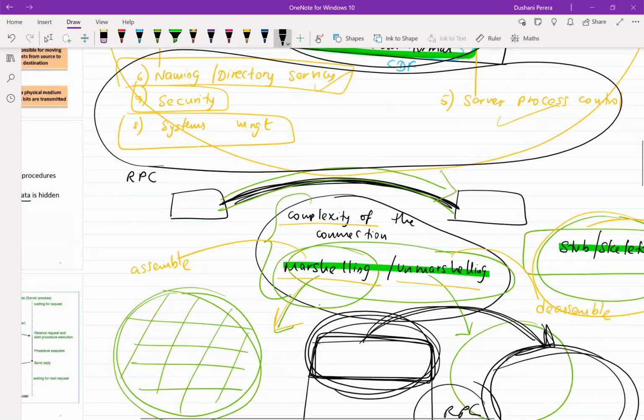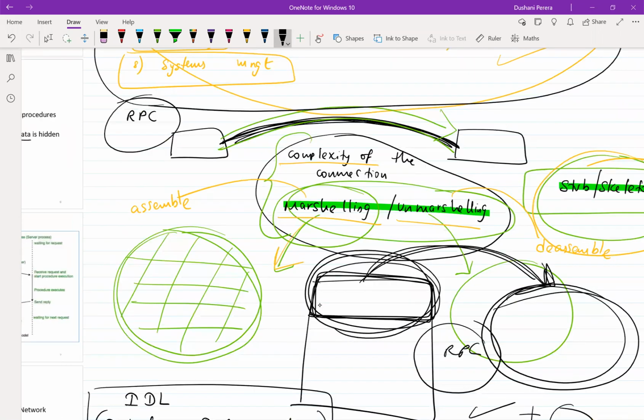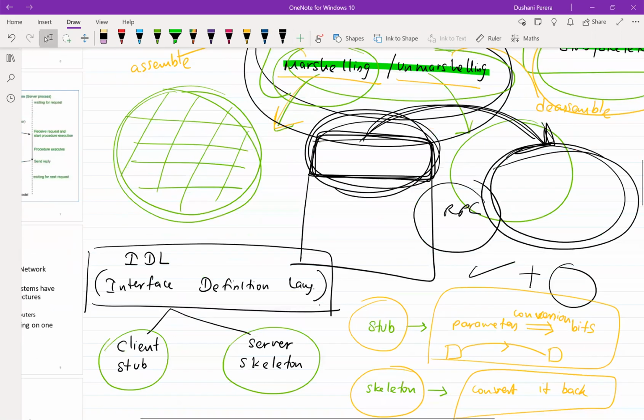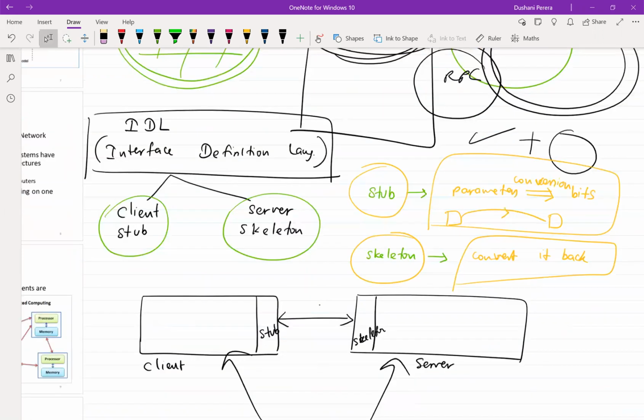These are for performance and stuff. And then we came to talk about RPC, which is a type of middleware. We said that certain things are hidden, and we spoke about 4 terms: marshalling, unmarshalling, stub, skeleton. You will come across these terms in the future lectures as well, so keep them in mind.